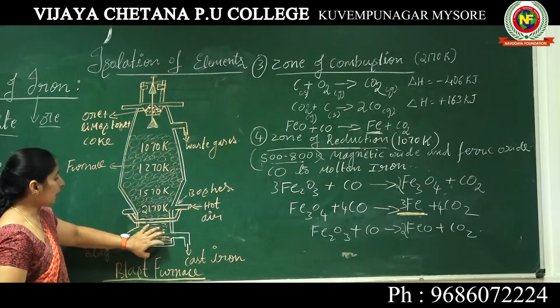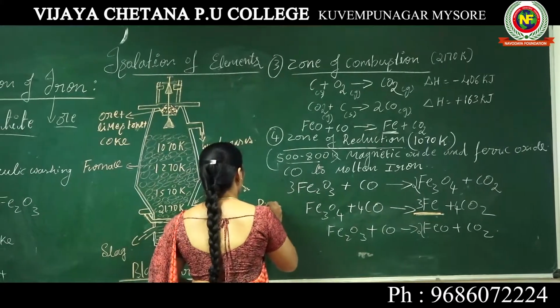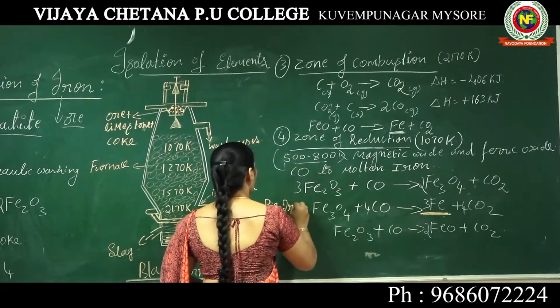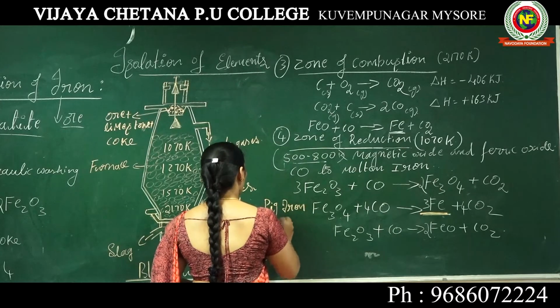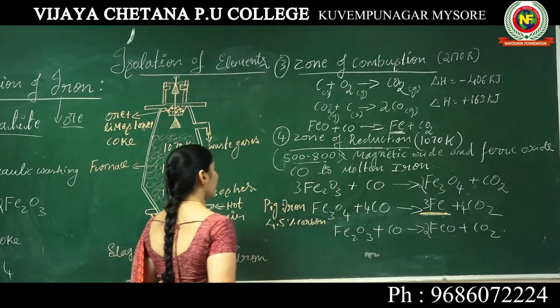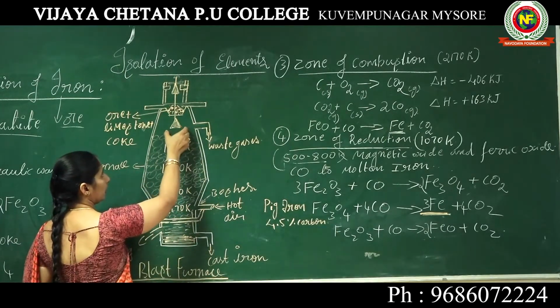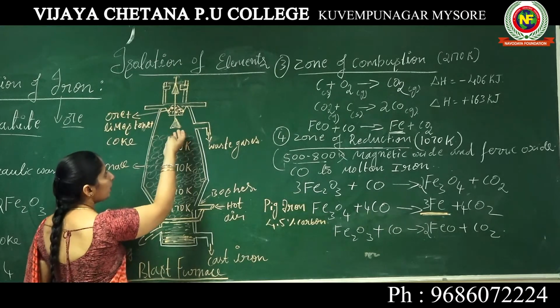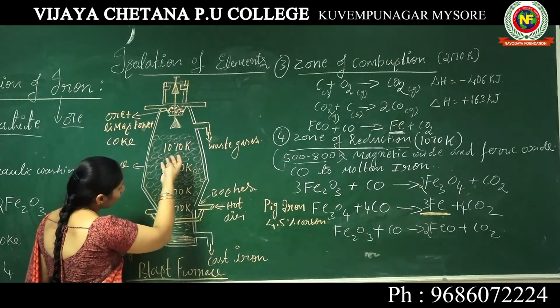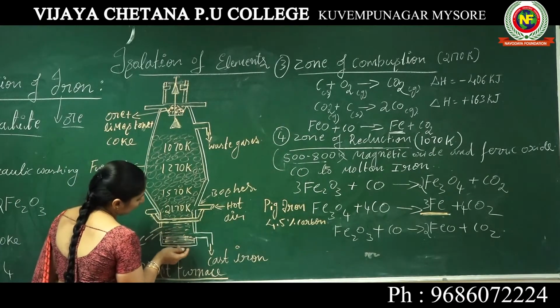This iron we call pig iron, which contains 4.5% of carbon. The spongy iron we get at the top of the furnace moves down along the furnace, melts and collects at the bottom.